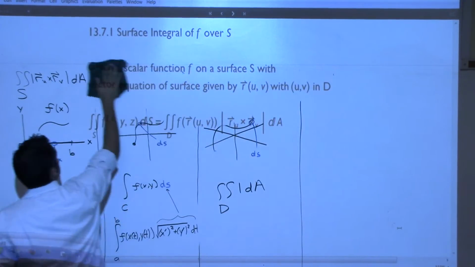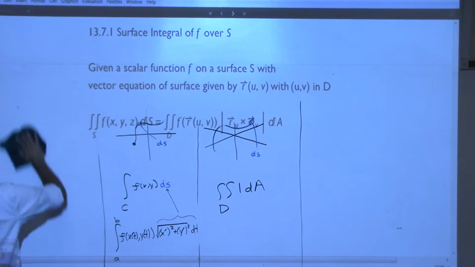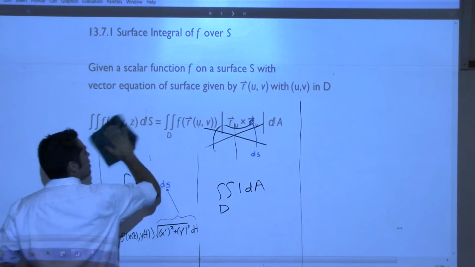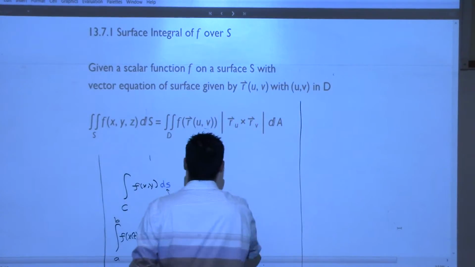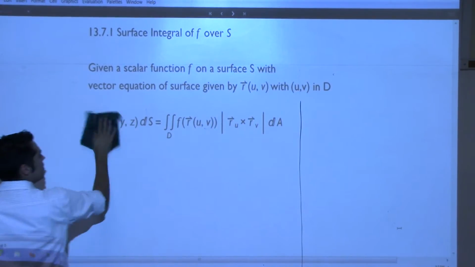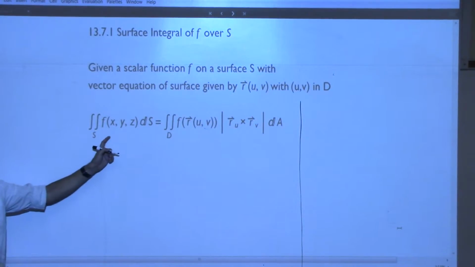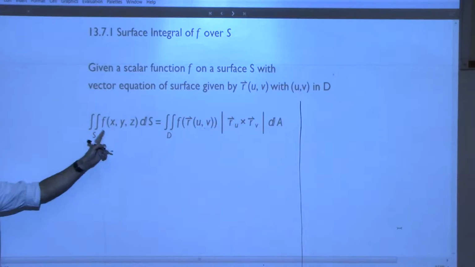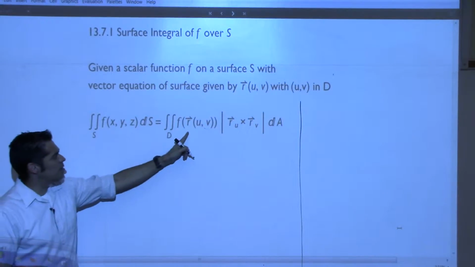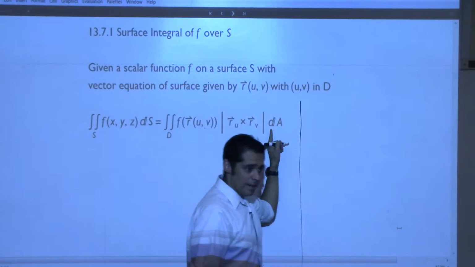Given a scalar function f on a surface S with a vector equation given by r of uv with u and v in D, then here is the formula. So this is the surface integral, which turns into a double integral over D of this with respect to area.